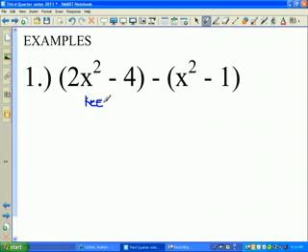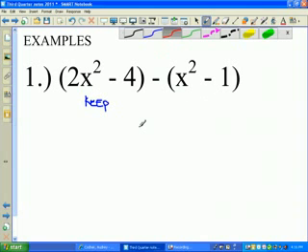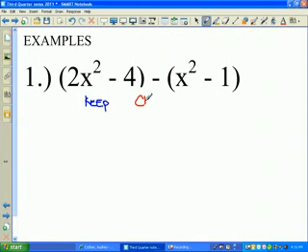Meaning, I'm going to keep the signs, keep everything in its order, don't change a thing. But in between, this minus sign, I'm actually going to change it from a minus to a plus.